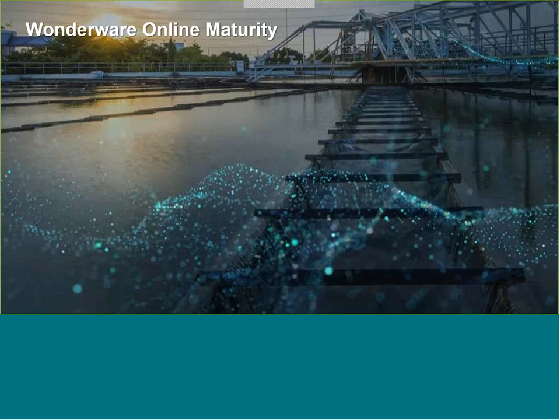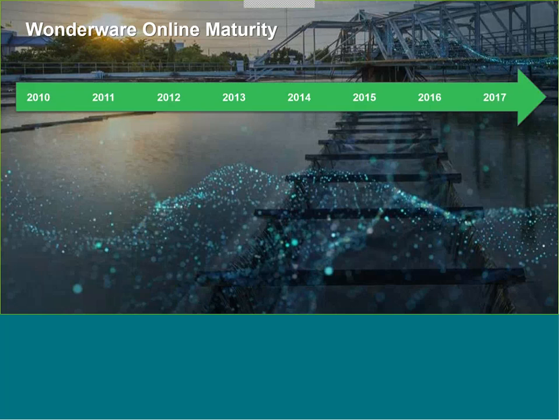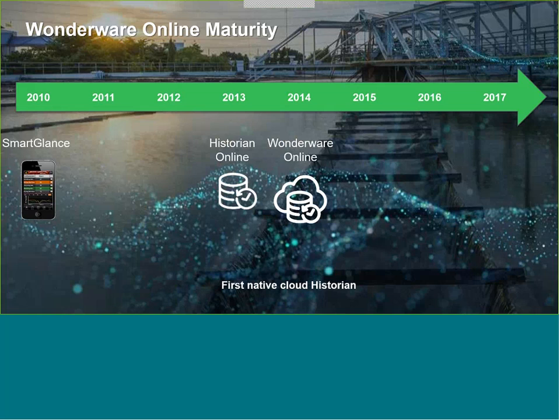I mentioned in my introduction that Insight Performance is Wonderware's first MES in the cloud offering. In terms of Wonderware's online maturity, Wonderware has been developing their online offering right back from 2010. So we had Smart Glance, Wonderware's first managed solution, right up to 2014 when Wonderware Online, that first native cloud historian, was released.